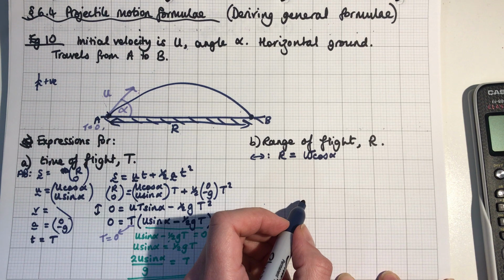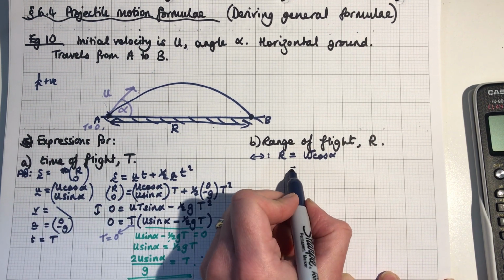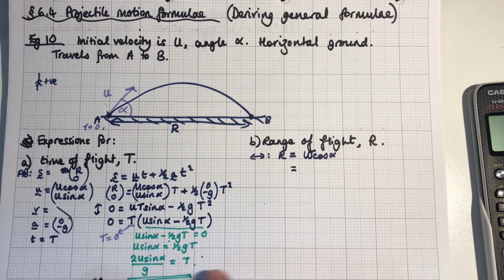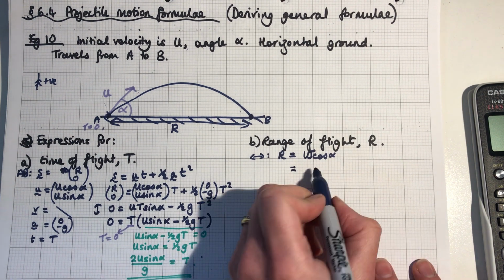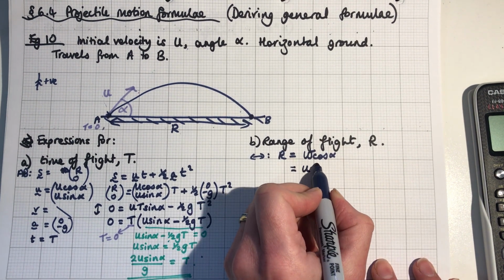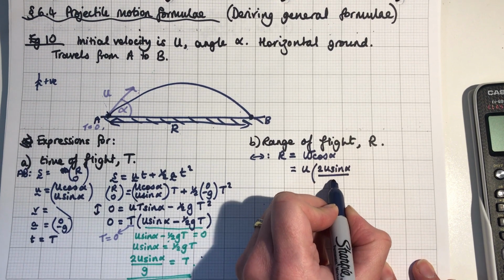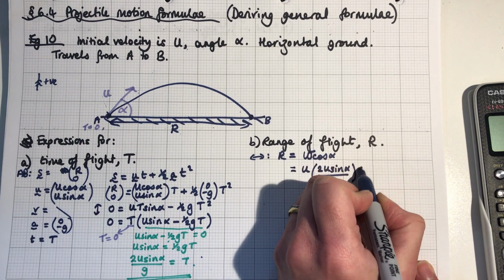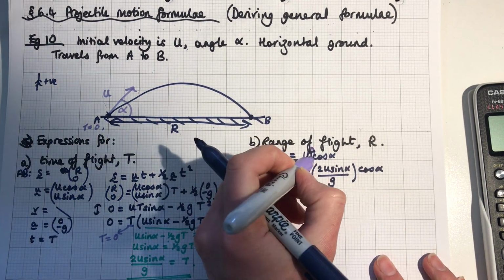So we've got ut cos alpha. Now, using my t formula from part A, this 2u sine alpha over g, I'm going to plug that in. So u times 2u sine alpha over g times cos alpha. So let's just make that really clear. This t here, that's this bit.